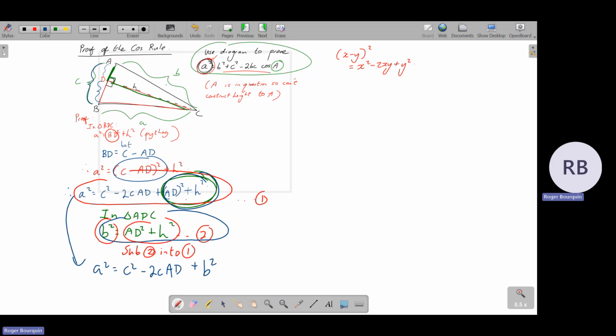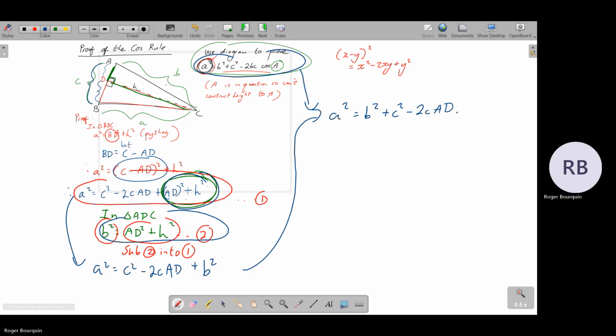So look at what we're trying to prove. We're trying to prove a squared is equal to b squared plus c squared minus 2bc cos A. At the moment, I've got a squared is equal to b squared plus c squared minus 2c AD. What's the difference between these two?